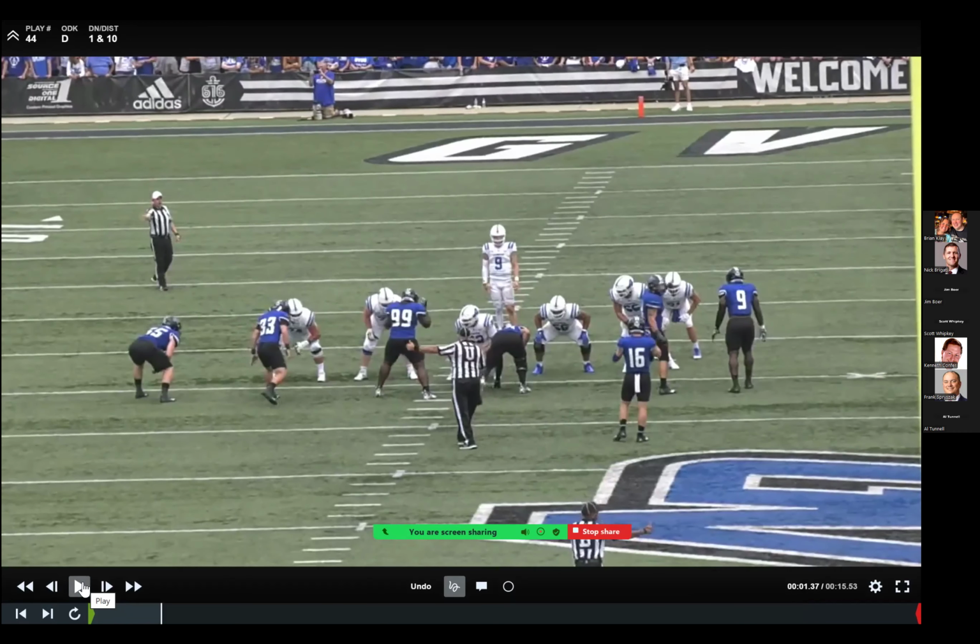So when we go to the end zone view of it, this I think is where deep guys could get involved, because they might see a little bit more of the blocking, might be able to see some more contact.